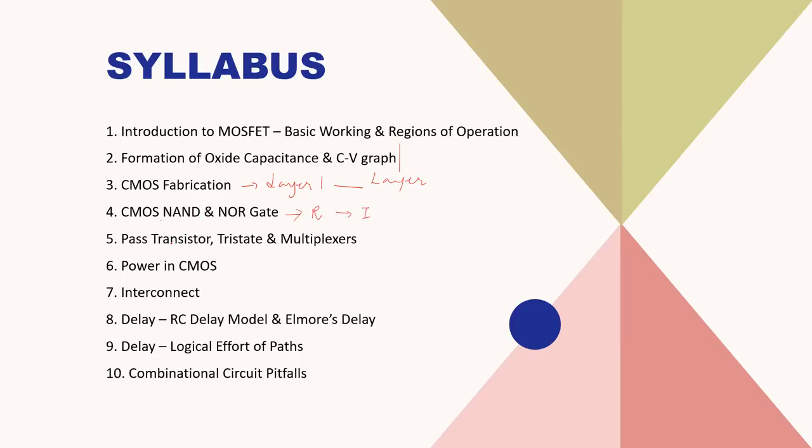Then we'll use the CMOS for pass transistors, tri-state buffers, as well as multiplexers. So we'll see how CMOS is useful in other important digital functions, which is switch, then tri-state buffer, as well as multiplexer, which is also one kind of a switch.